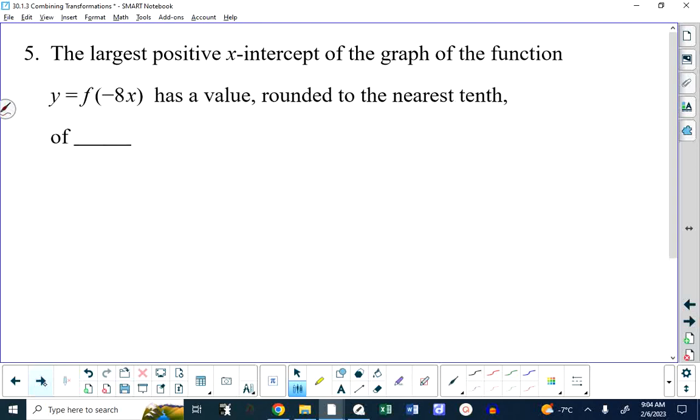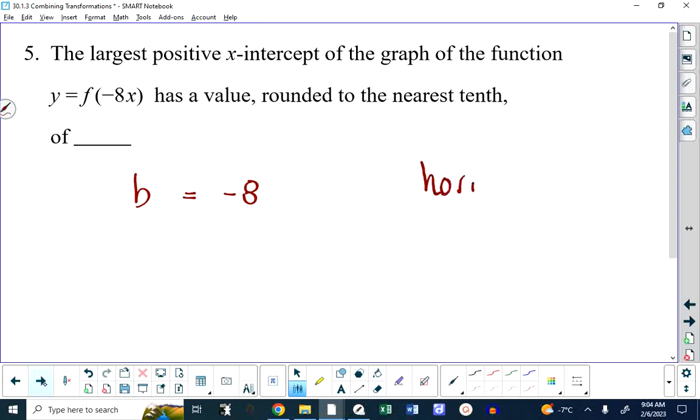We want the largest positive x-intercept of this function. So piggybacking along the question we just talked about, when we see that b is -8, which it is, b is the number that you multiply x by, that tells us two things.